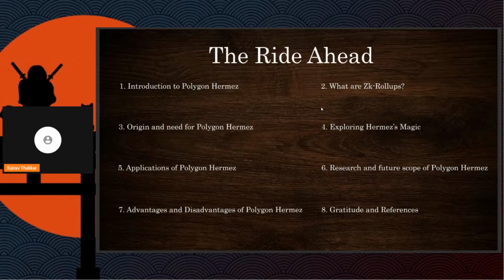So, going forward with the categories that we are going to explore today. First, we will have a basic introduction of Polygon Hermez. Then we will dive deep into what Zk Rollups are, technically understanding how Zk Rollups work. Then the origin and need for Polygon Hermez.